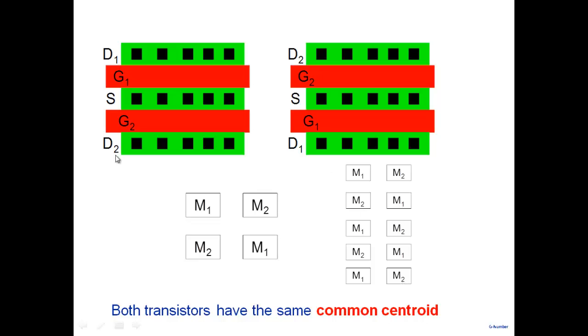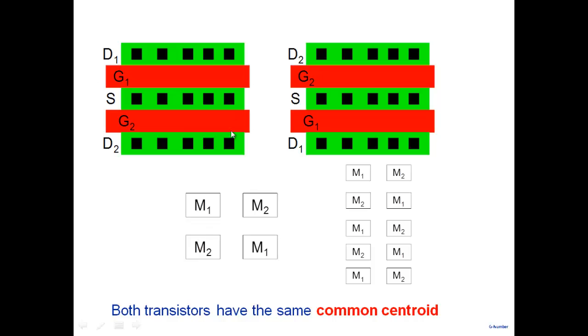The chances are that when you measure the threshold voltage mismatch between M1 and M2, now you will find that the mismatch is much smaller as compared to completely making M1 at one place, completely making M2 at another place. Okay, so this is a very common technique where the transistor is split into fingers and is constructed in the form of a common centroid.